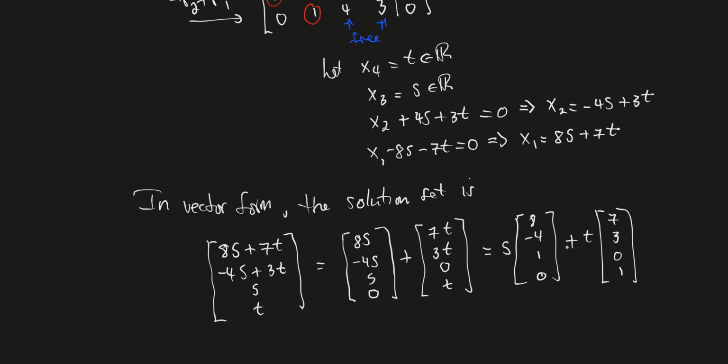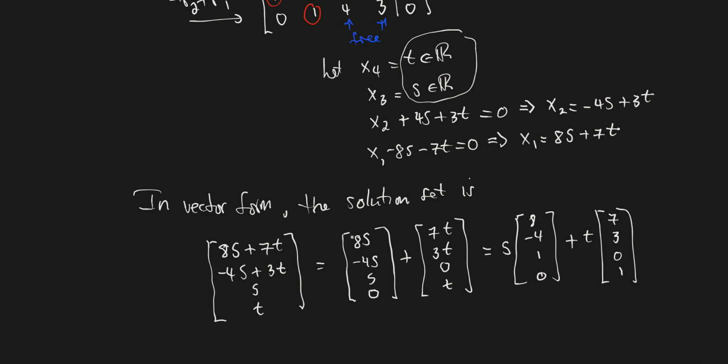But look at what we have now. This is our solution set. And what we realize is that the solution set is any linear combination of the vectors 8, -4, 1, 0, and 7, 3, 0, 1. Because these are my constants now, right? These are my scalars. They can be any real number, right?